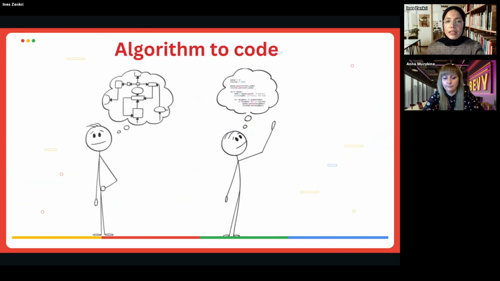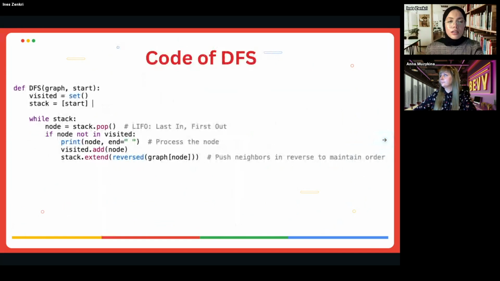Now, similarly, how to implement the algorithm we just saw, or the logical steps we just saw, and how to write them into the code. Basically, I've written it also in Python, and it will look like this. We start by initializing the visited set, and we set it as empty. And then we initialize our stack, and we put the starting node, which we said as convention is v1.